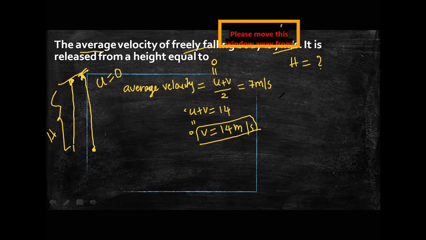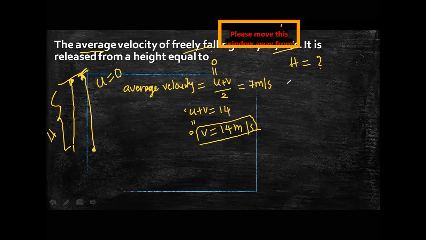How can I calculate it? What formula do I have to use to find the height? What are the equations of motion that deal with height? The first equation doesn't have height. What about the second equation? Second and third, we have the displacement or distance.